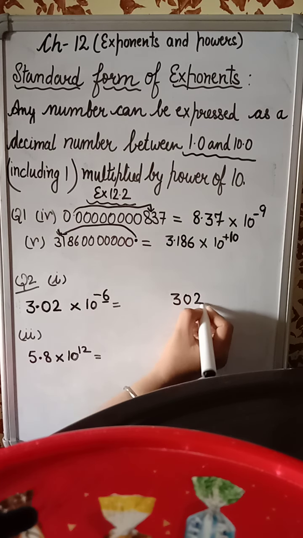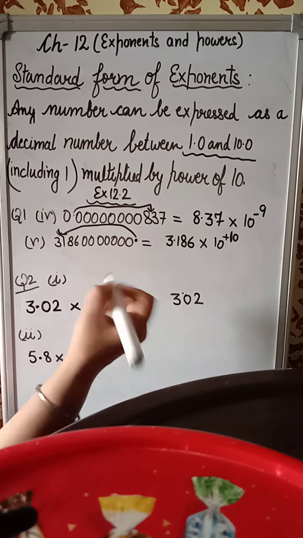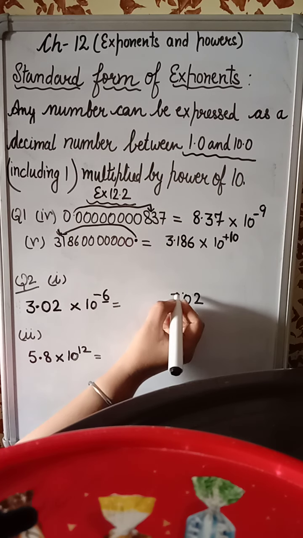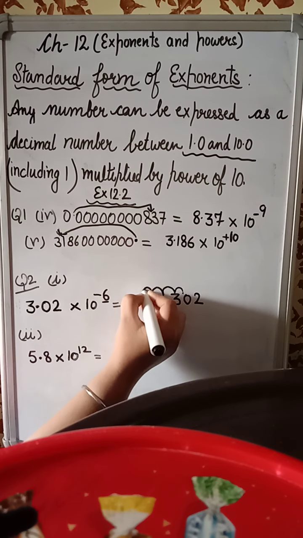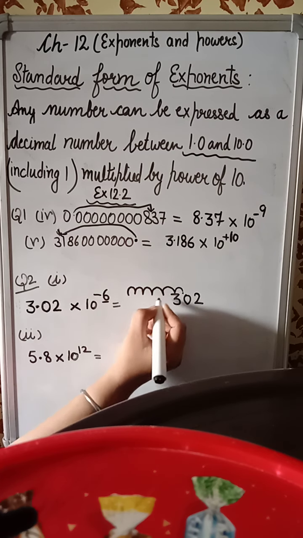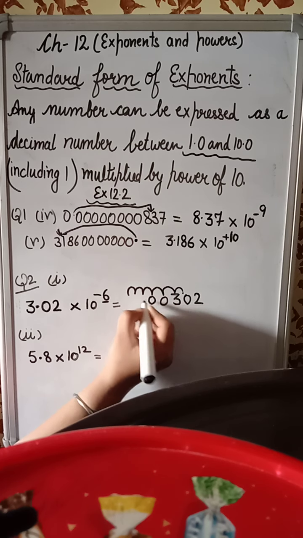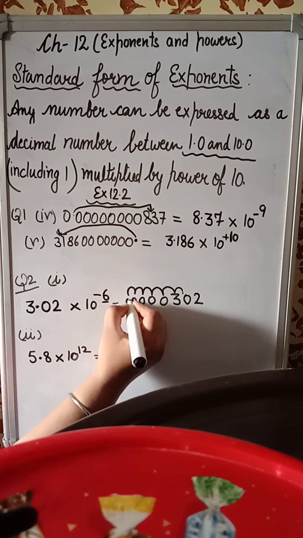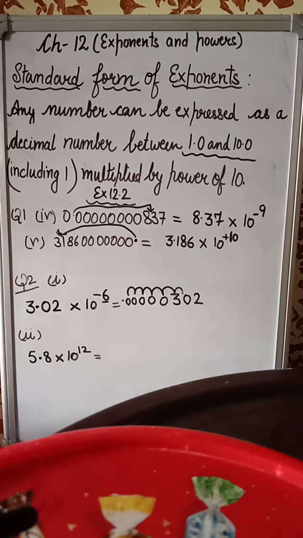So the decimal is here. We have to shift it towards the left 6 places: 1, 2, 3, 4, 5, 6. That means we have to put zeros here and the decimal will come here, right?